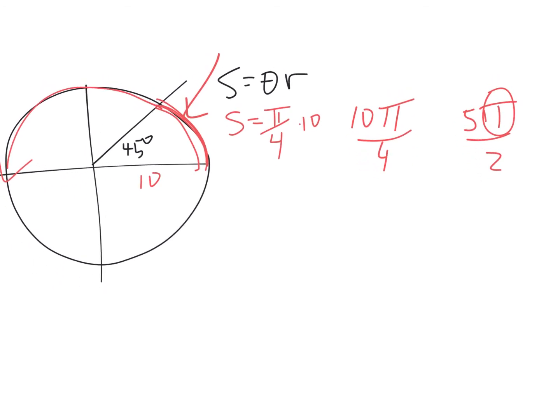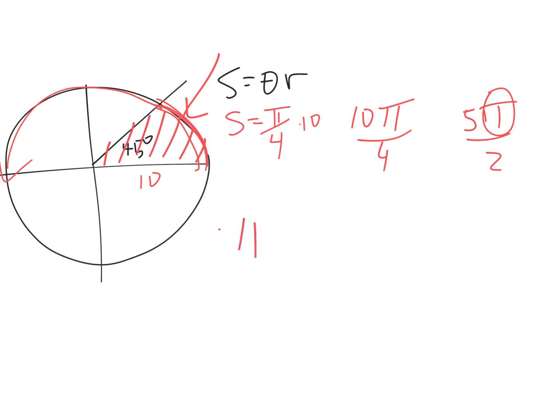Okay. Next, I want you to find how big the sector of the circle would be. A fraction of the whole pi r squared. Okay, so I'm going to do this one.